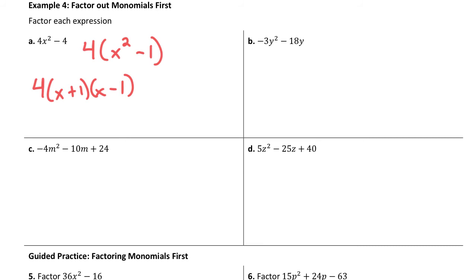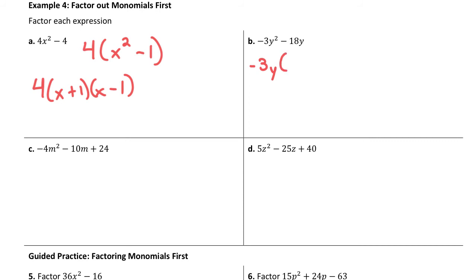For part B, if you look closely, you'll see you can factor out a 3 and a y. I'm going to go a step further, and I'm going to factor out negative 3y, because negative 3 fits into negative 3, negative 3 fits into negative 18, and I can factor out y from each term.